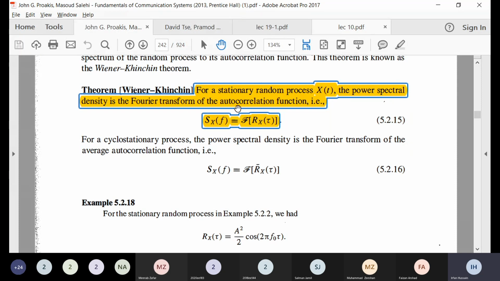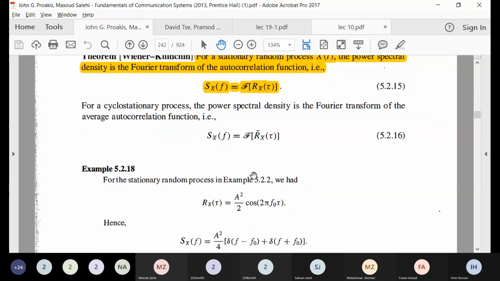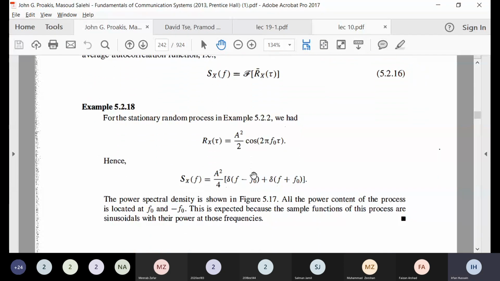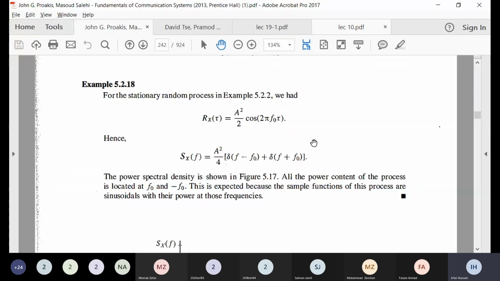Calculation is not in the course, but we just have to see that Fourier of the autocorrelation gives us the PSD. Now we found this autocorrelation for one example.